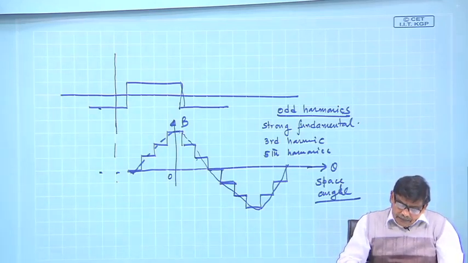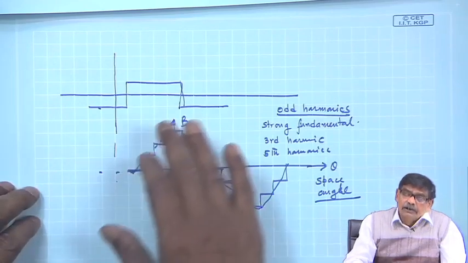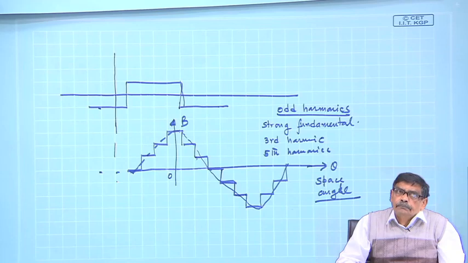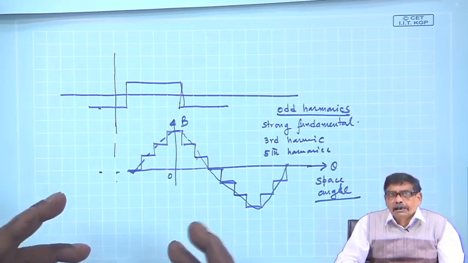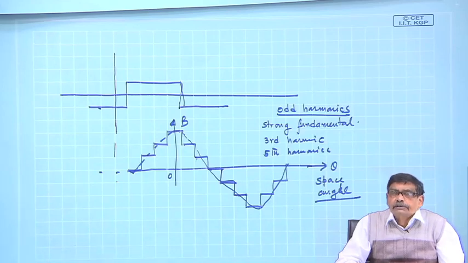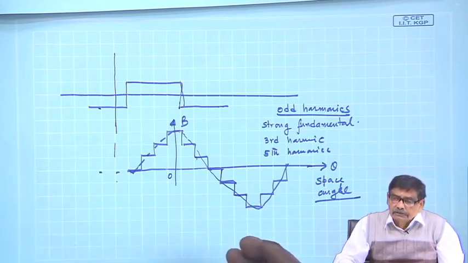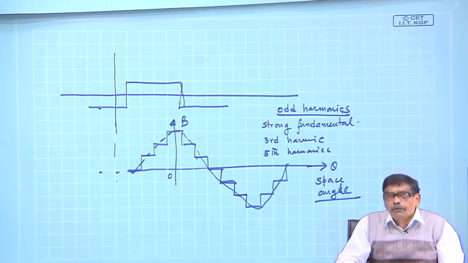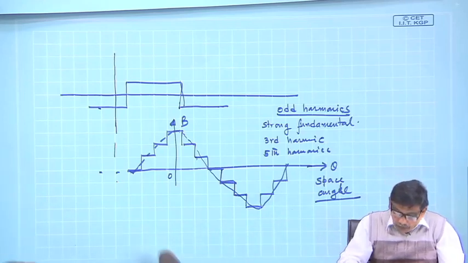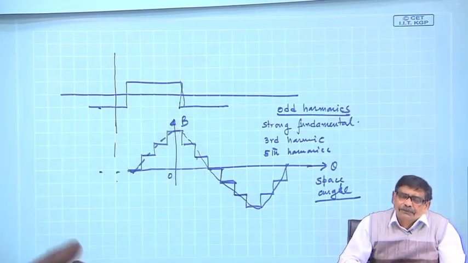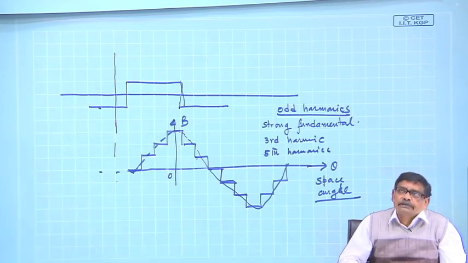Okay. Therefore, this is how a sinusoidal B distribution will be obtained, and if you take a generator mode of action, then rotor conductors, if it is moved by a prime mover, it will have a voltage of this form only, but I am telling that voltage will be more closer to a sine wave.